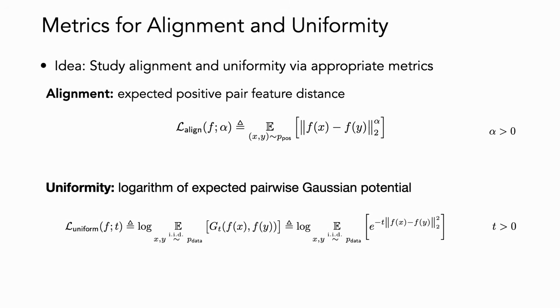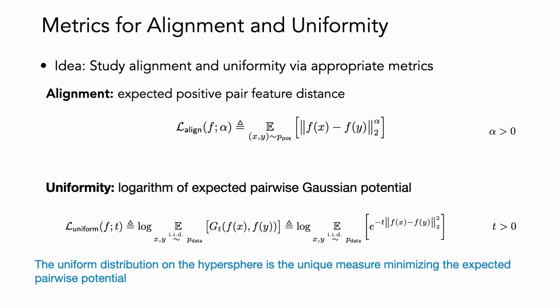And then for uniformity, instead of trying to explicitly say the expected difference between negative pairs, you can do a transformation of this using the Gaussian potential. Then you can look at the logarithm of the expected pairwise Gaussian potential, which is essentially e to the minus squared distance. And this puts more focus on the smallest distances, right?